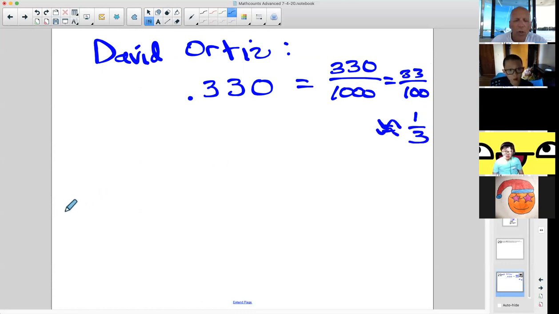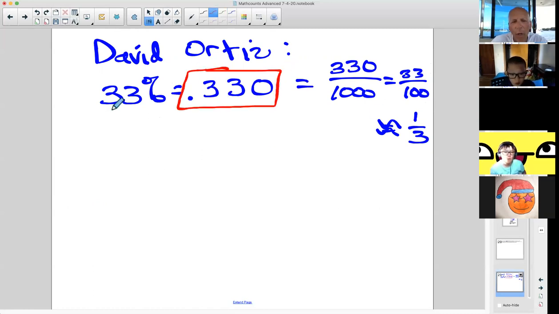Approximately 1/3. But of all these representations, this is the way you would see it in baseball. You would see .330. Oh, he's batting 330.